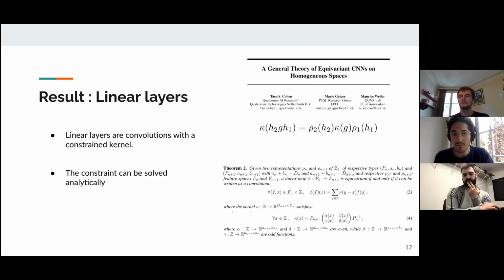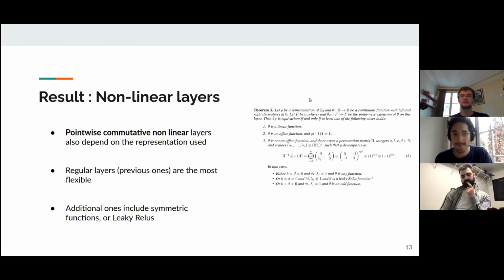I think the limitations are that you get this constraint, but it's not always easy to solve it analytically. So that would be a first limitation. A second limitation is about the nonlinearities. There is no theory on admissible nonlinearities that I'm aware of. Maybe very recent papers look more into that, but usually it's a blind spot of the equivariance theory.